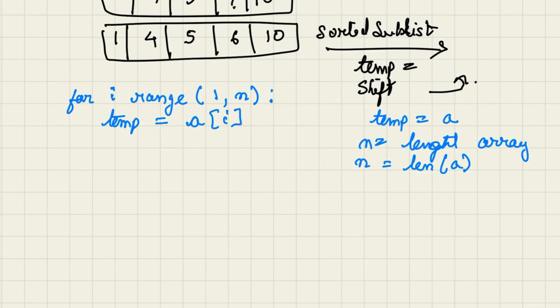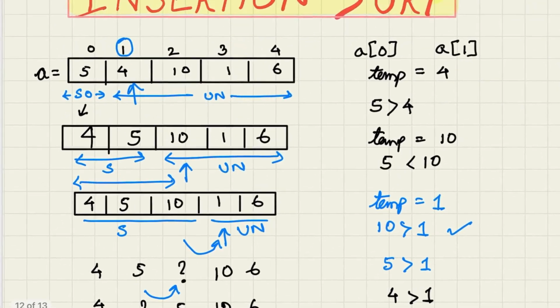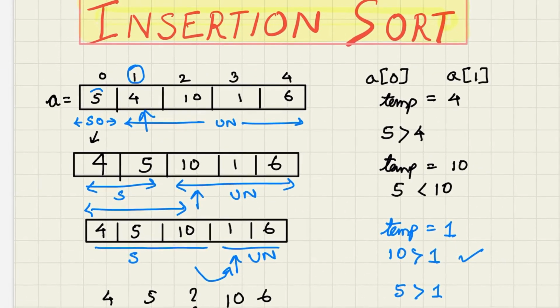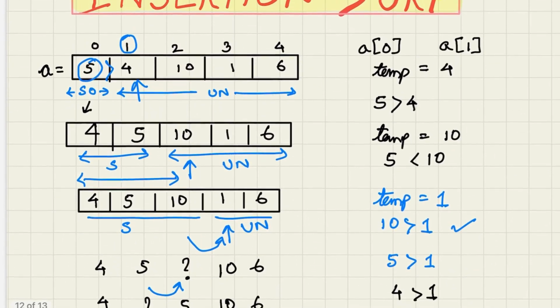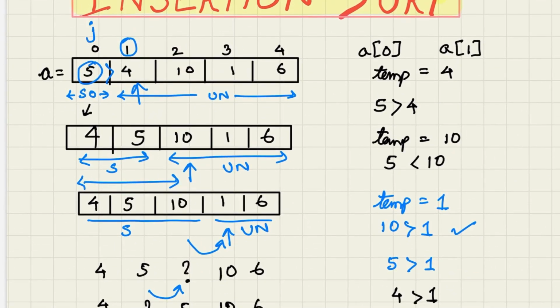Then I will also check whether that element is greater than temp or not. For that, I will create another variable called j. What will be j? j will be i minus 1, because here is my i.